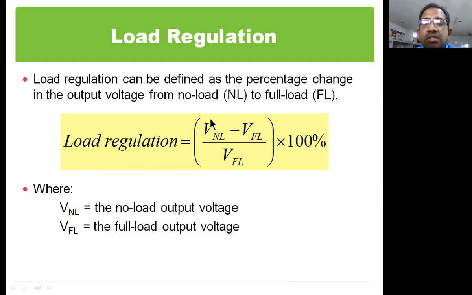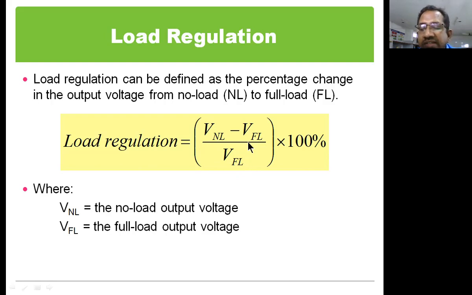At no load you can simply observe here we will be getting the maximum voltage. When there is load, then the voltage is going to come down. The general practice is that the voltage across an open circuit is going to be maximum. No load means what? Open circuit. At open circuit we get the maximum voltage.